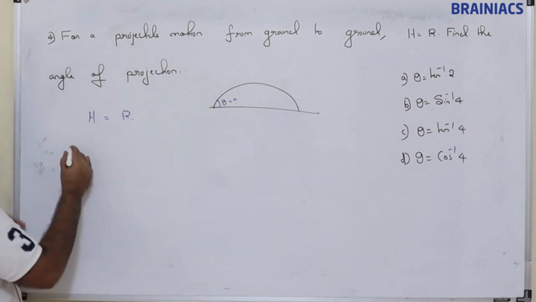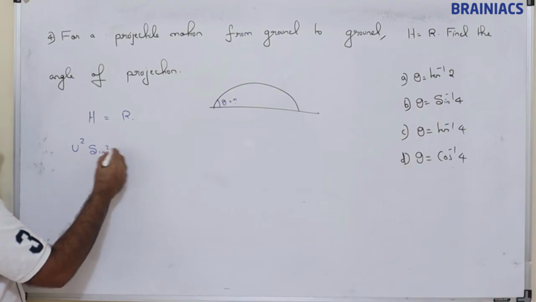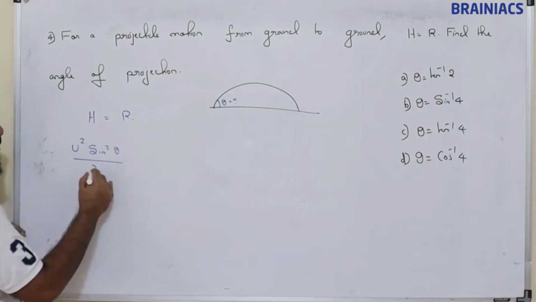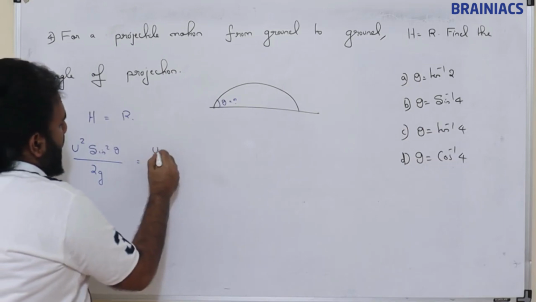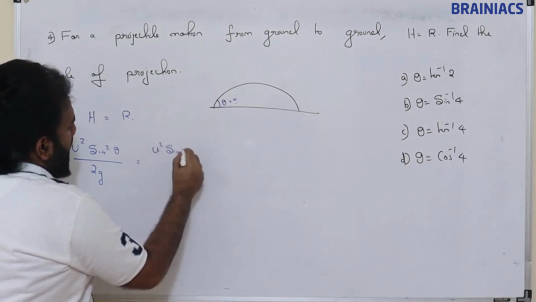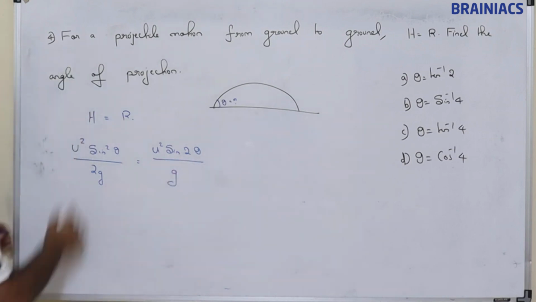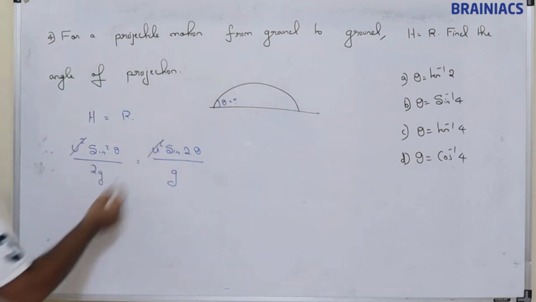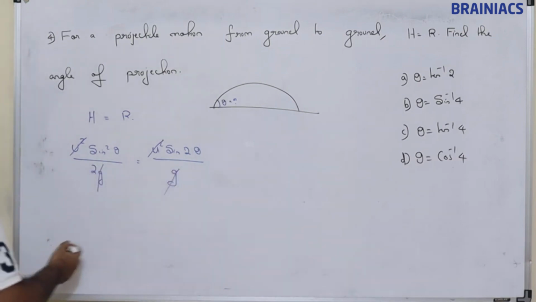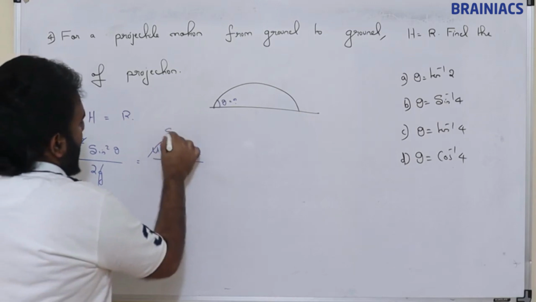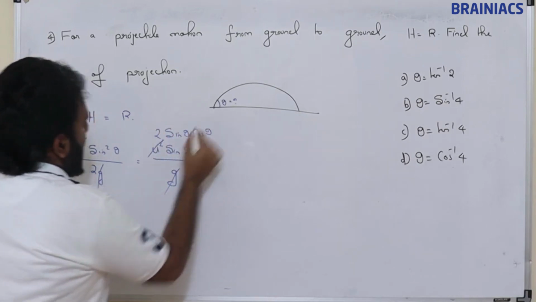So what is the formula for height? U square sine square theta divided by 2g, and for range, u square sine 2 theta divided by g. So u square can be cancelled, g can be cancelled. Sine 2 theta can be written as 2 sine theta cos theta.